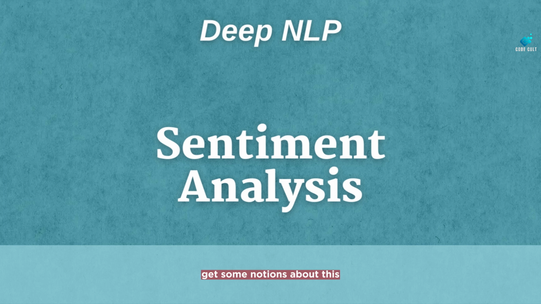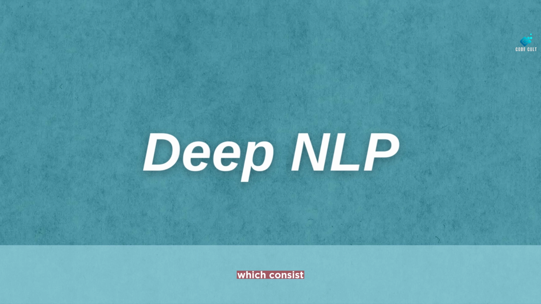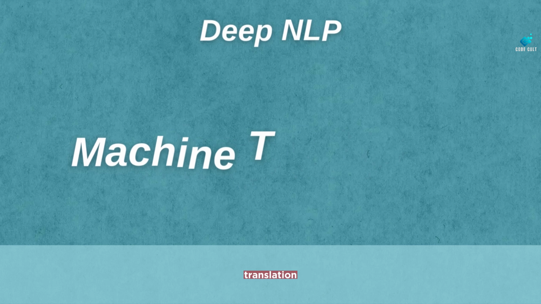And then once you get some notions about this, then you can attack deep NLP, which consists of leveraging deep learning to make some fantastic applications of natural language processing. So let's talk about these applications. So first of all, you have machine translation.